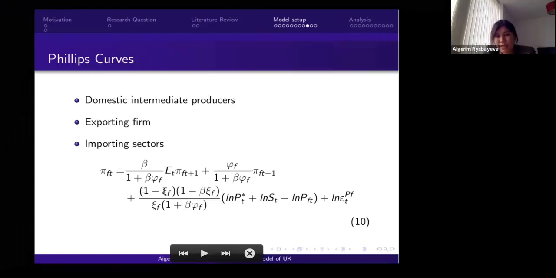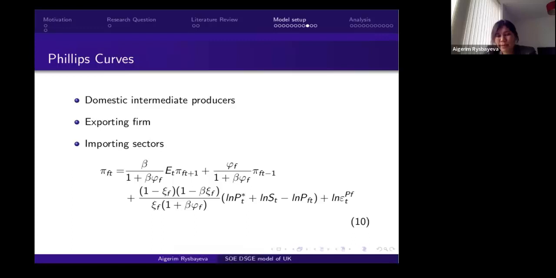Here is the XCF. This is the price rigidity, which I talked about at the beginning. As we can see, the higher the price rigidity, the lower the impact of the exchange rate on the price level.